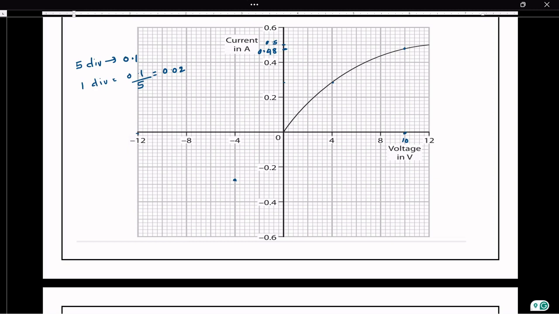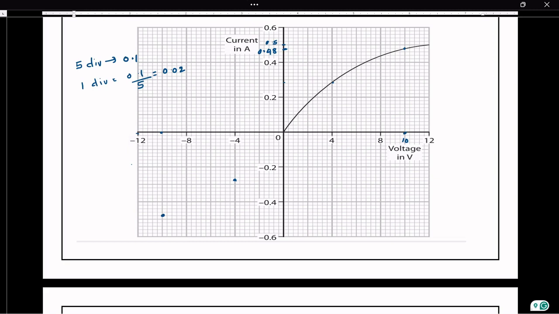Then for 10, 0.48 we have already seen, so this is 10 and 0.48. I'm just choosing some of the numbers. So this is the point we are getting. And of course the last one, don't miss the last one, it is 12 and 0.5. So this is 0.5.